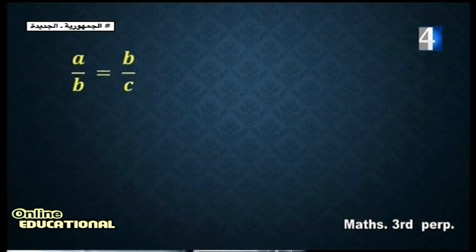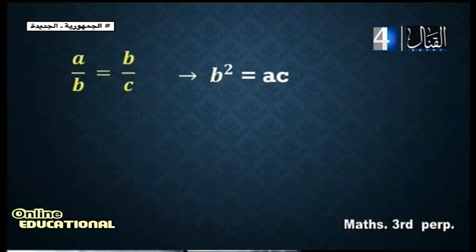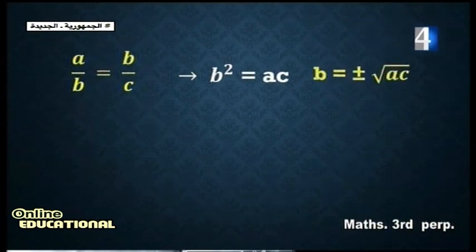By cross multiplication, you find that B times B, which is B to the power of 2, equals AC. To find the value of B, you take the square root of both sides, so B equals positive or negative square root of AC.